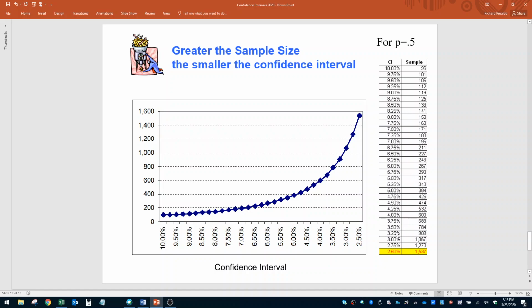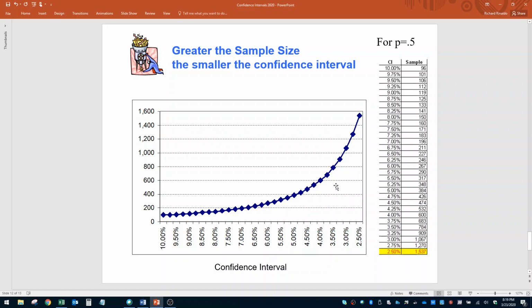Now, I can see here, our result was accurate to within plus or minus 3.27, with a sample size of 900. To get an accuracy of plus or minus 3.25%, I need a sample size of 909. So that's a close approximation. But what I can see here is that as my confidence interval gets smaller and my sample size gets larger, it gets more costly.